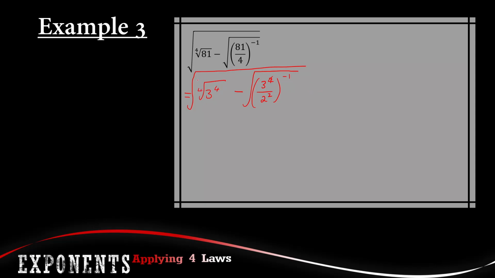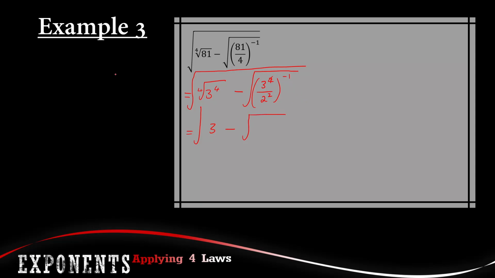On this side it looks pretty easy because we just have to the power of 4 and a fourth root. If you say 4 divided by 4, it's just 1, so this just simplifies to 3. Then we have that inside the square root.